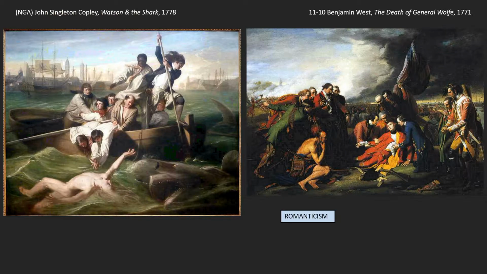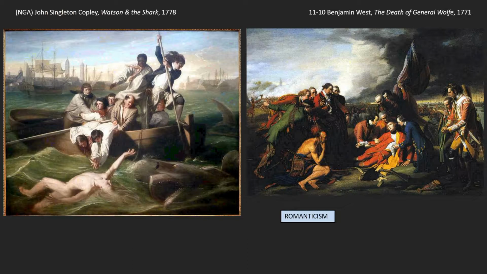And these pictures point to a movement that runs parallel to neoclassicism, which is called Romanticism. It's also very much an Enlightenment movement, but it's one that focuses more on these darker elements of human existence.